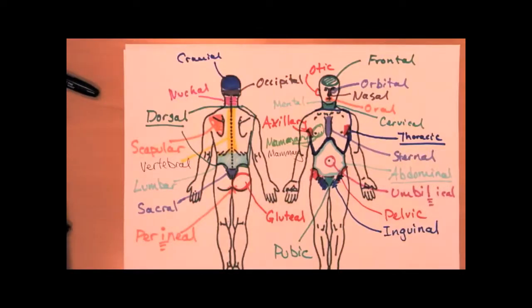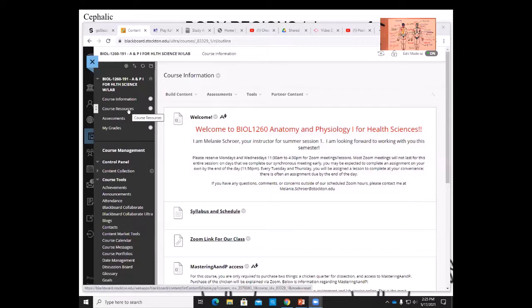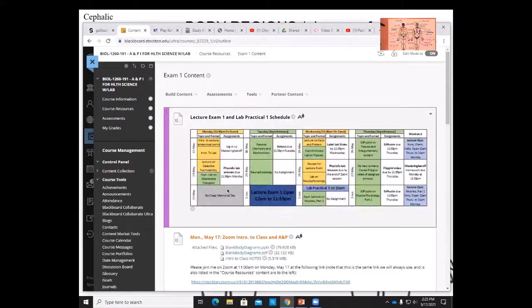So let me pull it up for you. And this is going to be the way it is all the time. So this is what you see when you first log in. Everything you need to learn AMP is under course resources. Everything you need to test in AMP is under assessments. So exam 1 content, that's where we are right now.